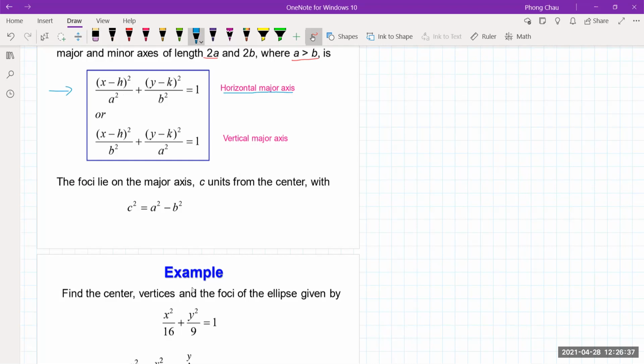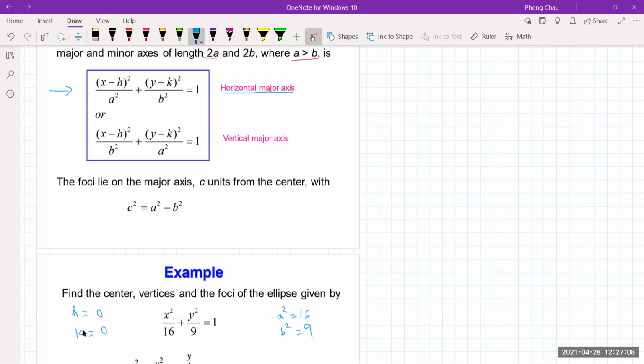Okay, so from here you can identify what a squared is. Well, a squared is 16. What is b squared? b squared is this number, right? So it is 9. And what is h and what is k? Now I have x squared, so x minus 0 squared. So h and k are understood to be 0 in this case.